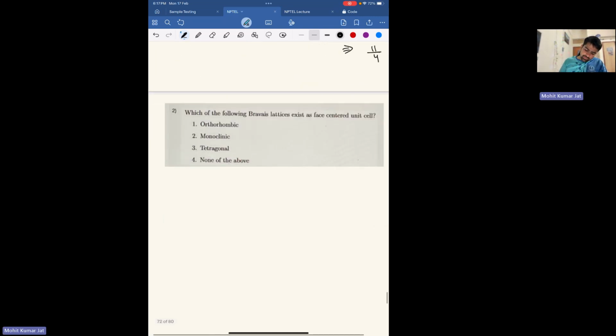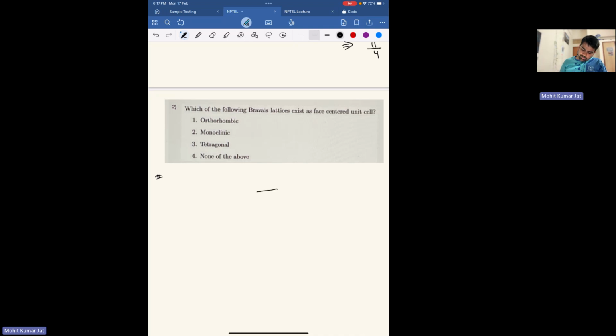So if I draw simple cube kind of thing, okay, fine, this is also good. So in a primitive unit cell, in a simple unit cell, what happens?